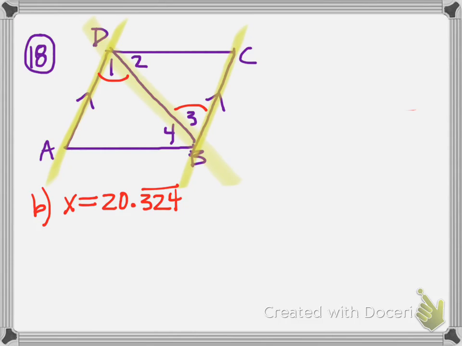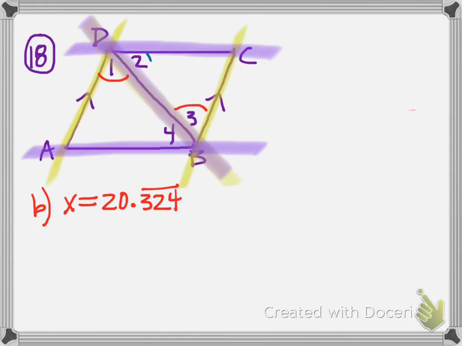Now, if DC and AB were to be parallel, so let's just for a second think that they might be parallel. Okay, so if these two are parallel, and I've got this transversal, then that means that angle 2 and angle 4 should be congruent.